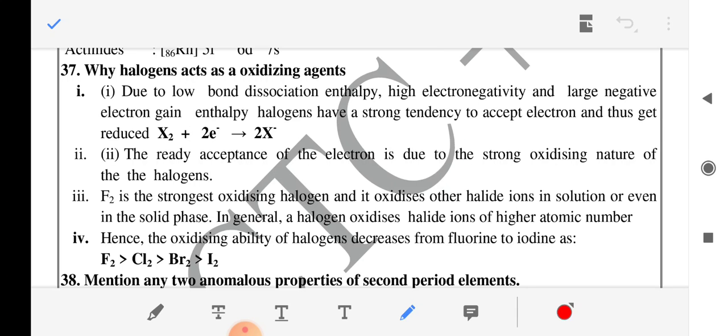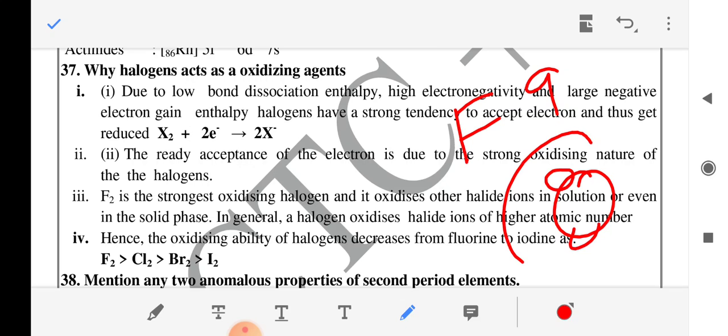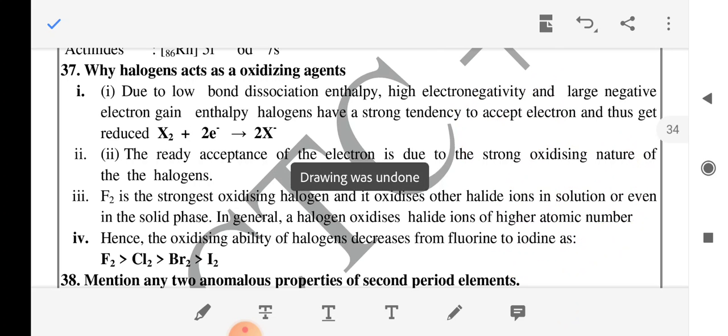The atomic number of fluorine is 9, so the first shell contains 2 electrons and the remaining 7 are in the next shell. So it readily gains electrons and acts as a strong oxidizing agent. Compared to the halogen family, fluorine is the strongest oxidizing agent, oxidizing to the halide ion in solution, even in the solid phase.